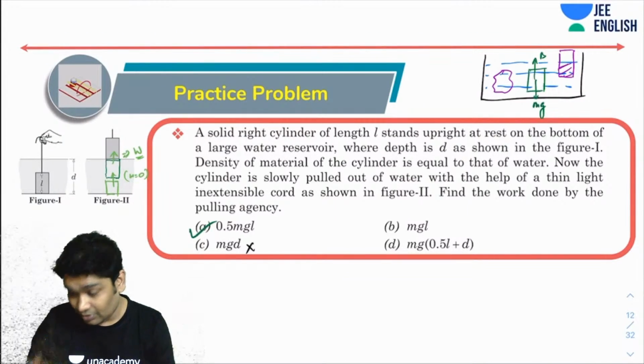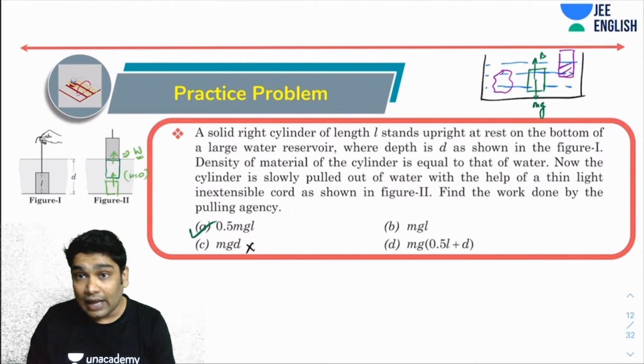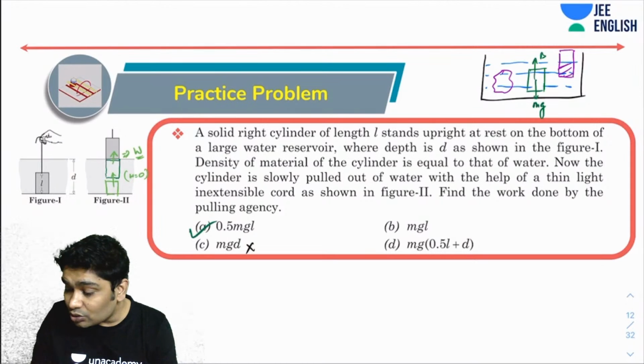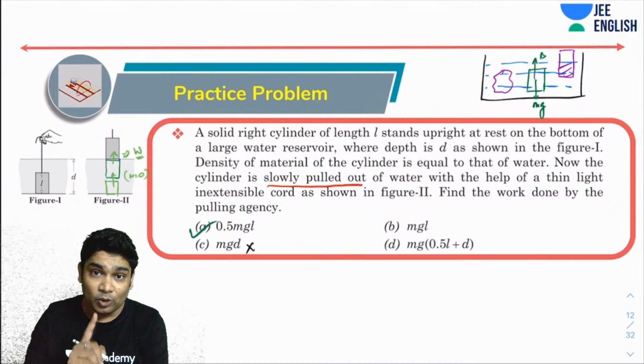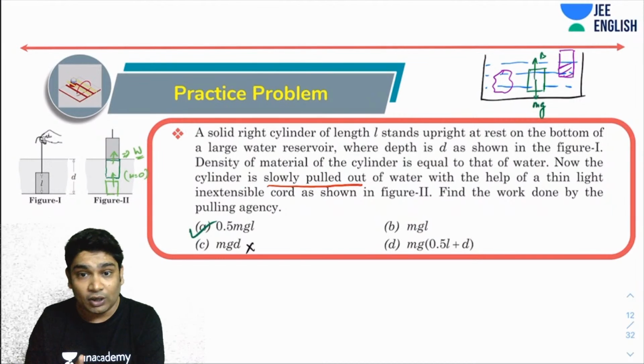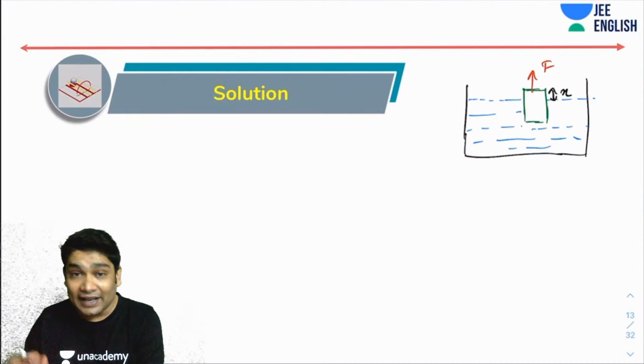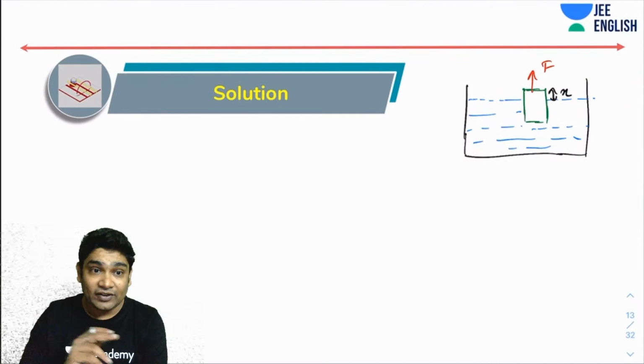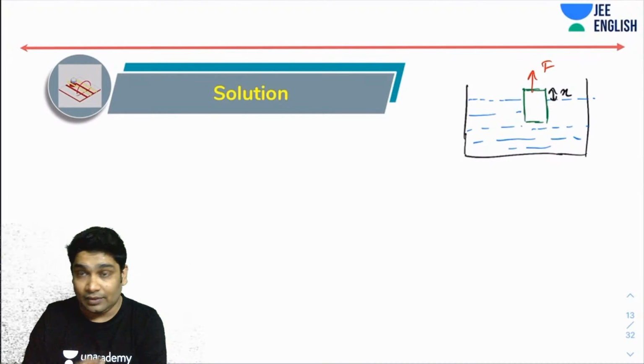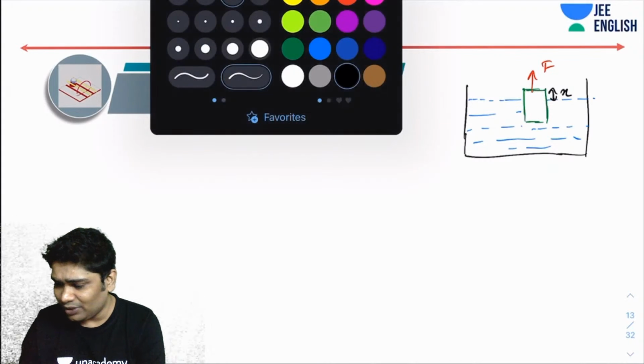Now, pay attention to the language. The language says that it is pulled out slowly. So if it is pulled slowly, then it has to be in equilibrium at all times. So what I will do is try to find the F which is required if it is being pulled slowly. I hope you understand that.